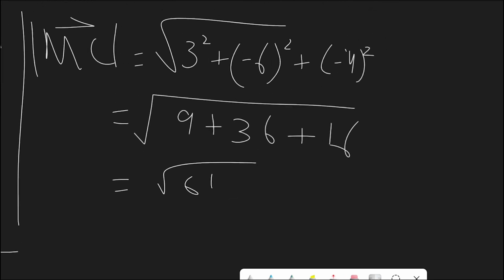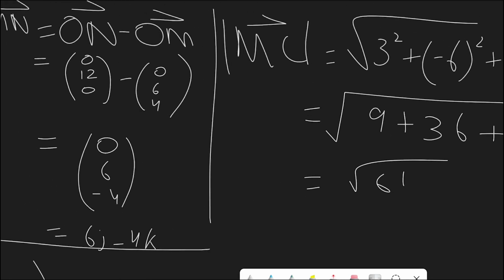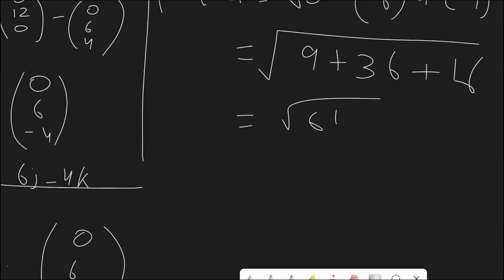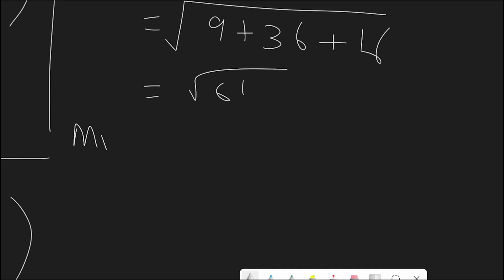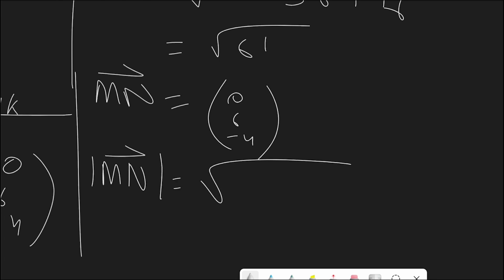Then we have MN as well, right? MN is 0, 6, minus 4. So for the magnitude of MN, we can do the square root of 0 squared, that is 0, plus 6 squared, 36, plus minus 4 squared, 16. So that would be 36 plus 16, that is 52.